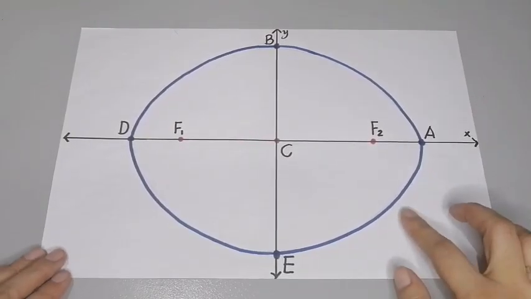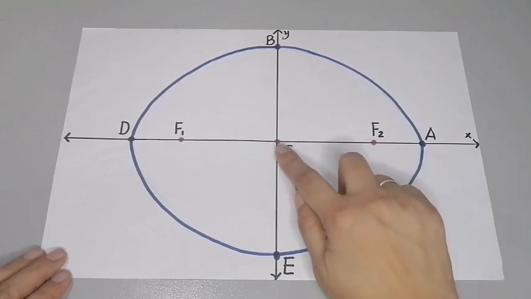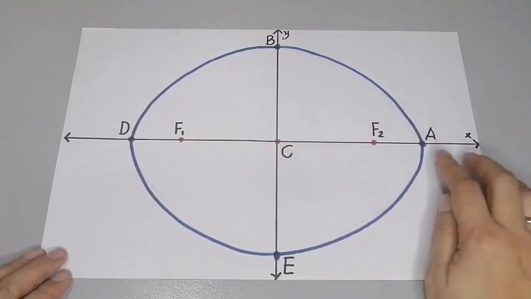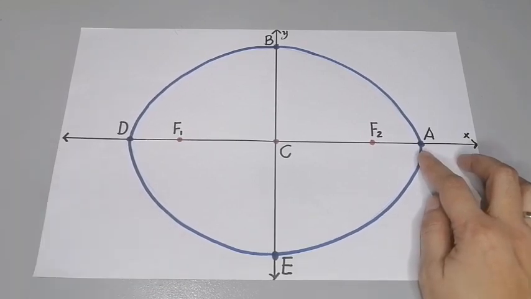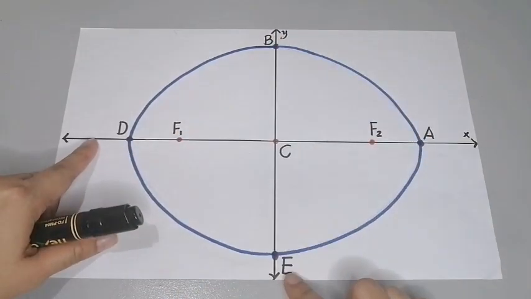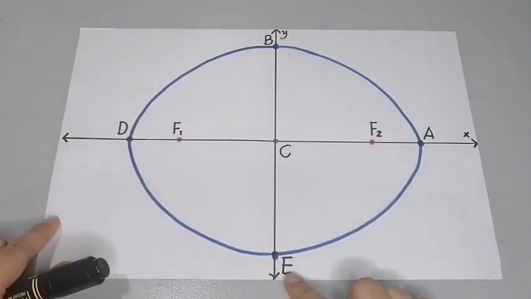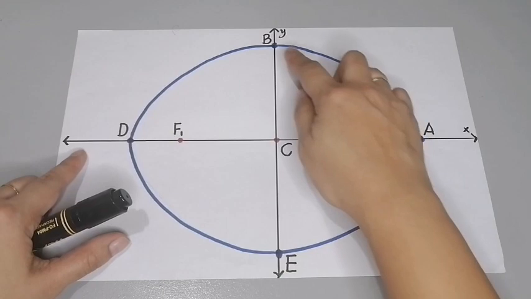In this parent graph of an ellipse, it's centered at the origin, (0, 0). An ellipse has two axes of symmetry. So in this case, we have the x-axis and the y-axis. Notice that the ellipse intersects each axis of symmetry 2 times.